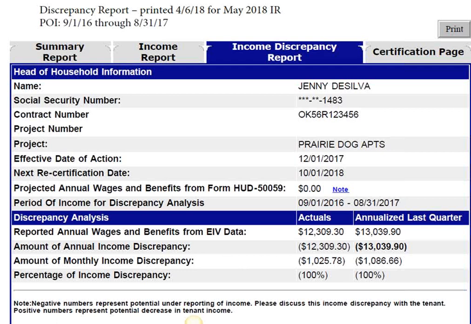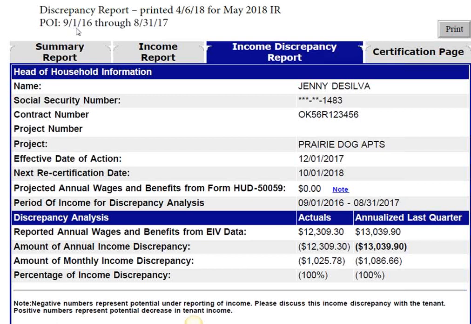And here's our first example of a blown assumption here. We are gearing up to do an interim roughly 24 days before the interim needs to be effective, right? So we're sure not starting this process 4 months in advance, right? But EIV thinks that we are going to, okay?